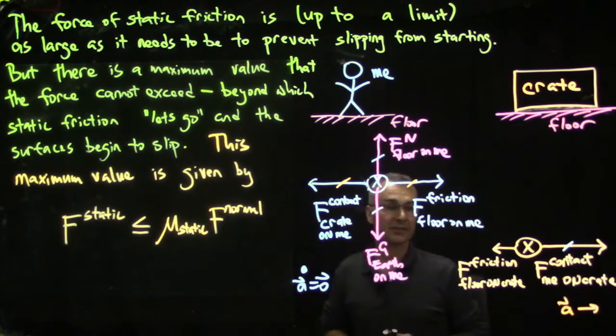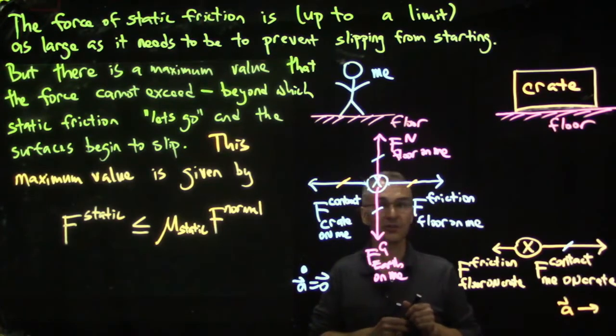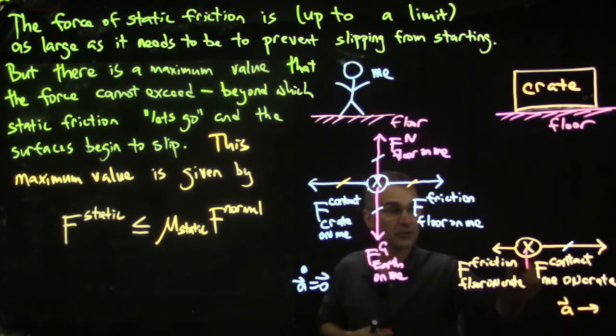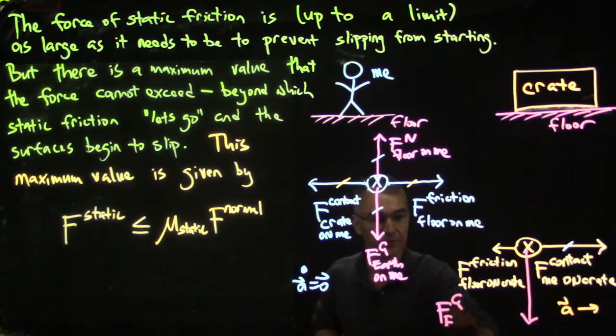Now, if we look at the free body diagram for the crate, we can draw the vertical forces acting on the crate. Now the crate might have a different weight from me, so the crate might even be more massive than I am. So we can draw this downward gravitational arrow. So here's the gravitational force exerted by Earth on the crate.